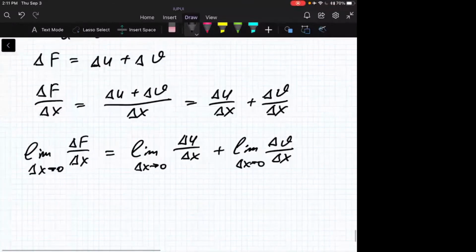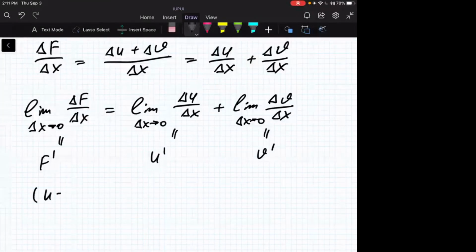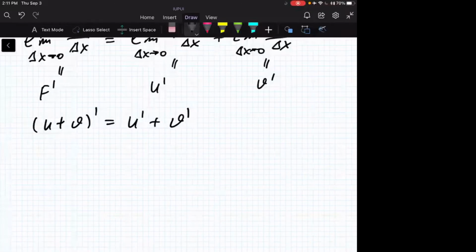But this is the derivative of u, this is the derivative of v, and this is the derivative of f. But f is u plus v. So it's just another way to prove it. This is the end of the proof.